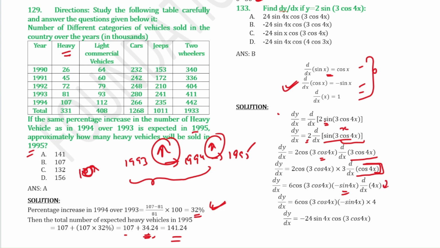Now you will differentiate again. 4 you can take out because it is constant, and we know that dx by dx will give you 1. Now you can multiply the terms. So 6 into 4 will give you 24. This minus you can take out and put here. Then sin 4x, and then cos 4x, that is 3 cos 4x. So you put the values and then you get the answer.